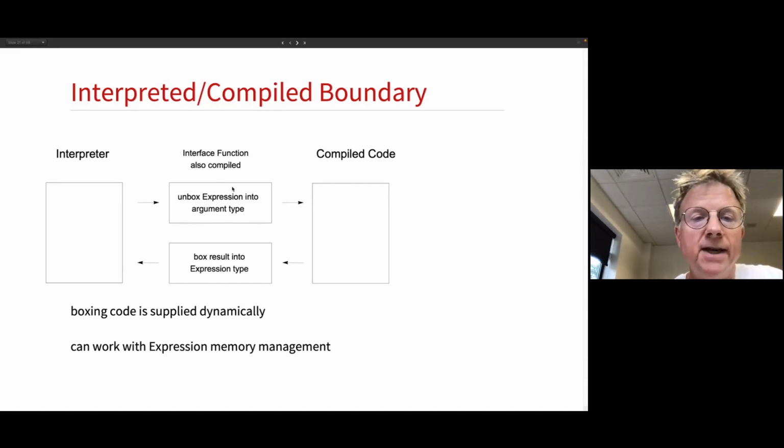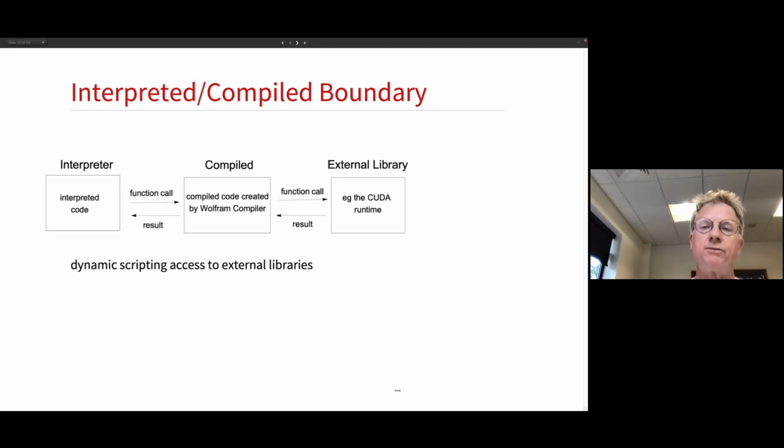What's interesting is that this layer is also compiled code that's been generated by the compiler, and that's a great way of extending the system and adding a lot of power to it.